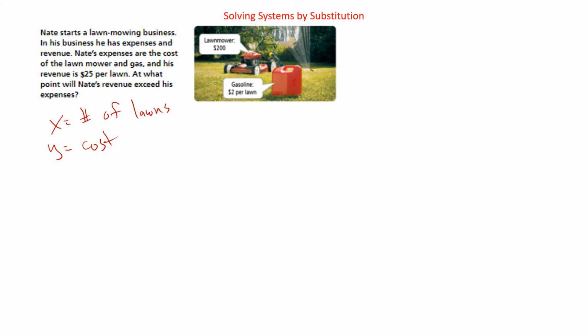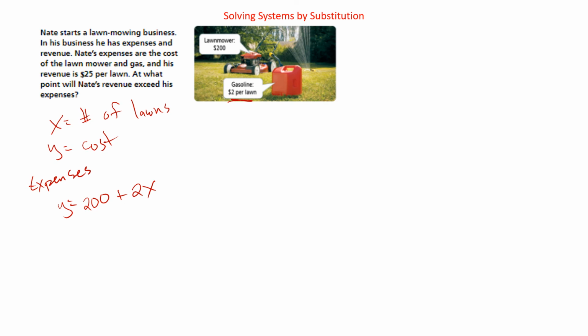So for his expenses, Y will equal, he had to pay $200 for the lawnmower, and then he has to pay $2 per lawn, so we have 2x. So if he mows 6 lawns, 2 times 6 is $12 in gas, plus his $200 lawnmower, he has spent $212.